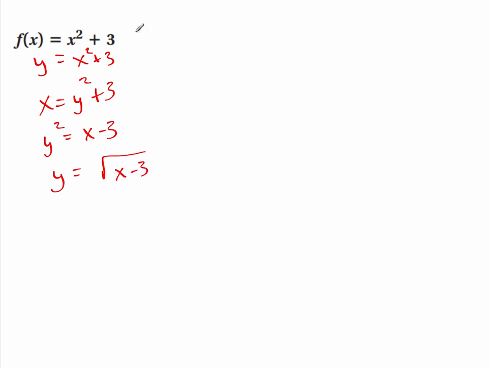Now let's look at the original function. The domain of the original function is all reals. The range is y greater than or equal to 3. So for my inverse here, I forgot to write it.